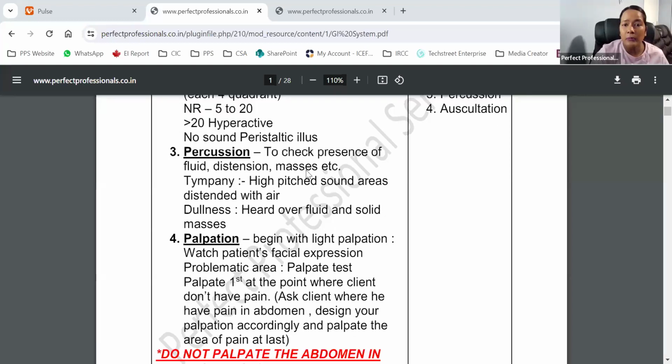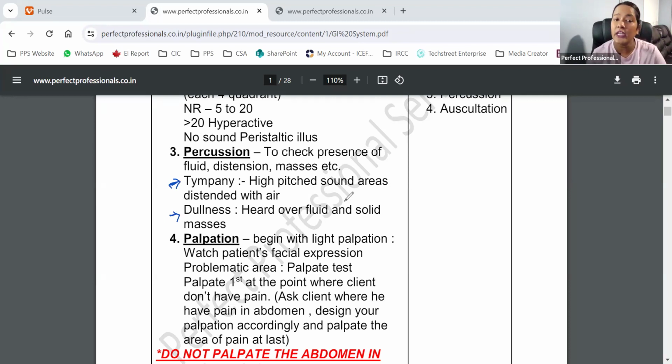On percussion, what will you hear? There is a sound called tympany. Tympany is a high pitch sound, heard over areas distended with air. And then there is dullness. Dullness is heard over fluid and solid mass.